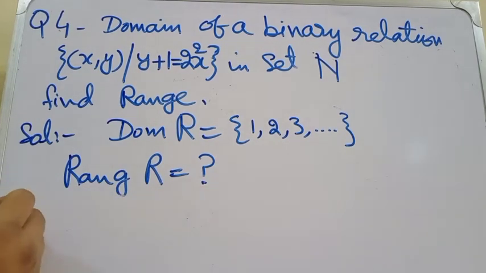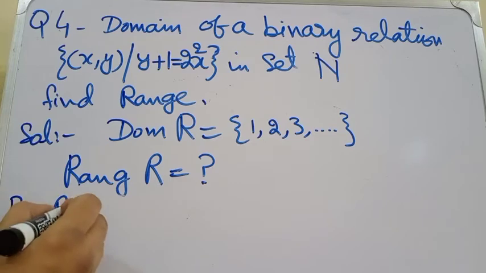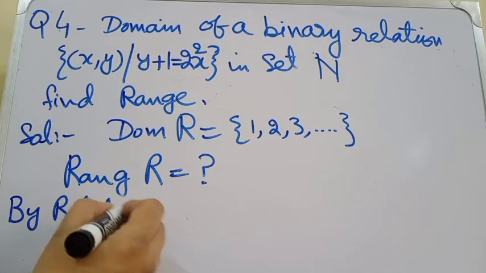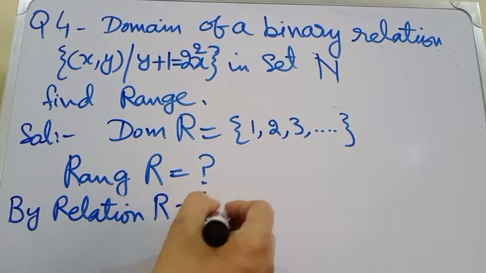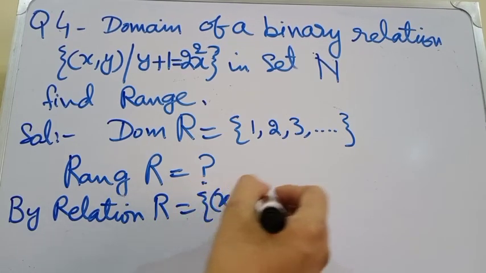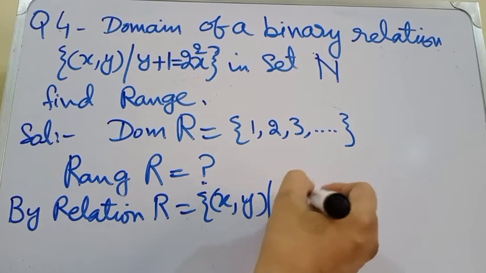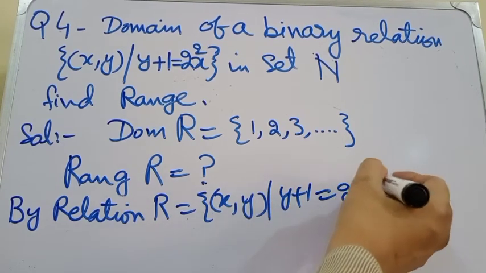By relation, we say R is equal to the set of ordered pairs (x, y) such that y plus 1 is equal to 2x square.